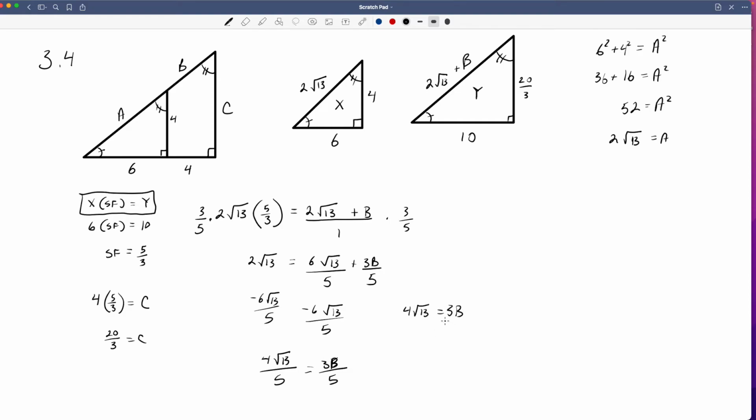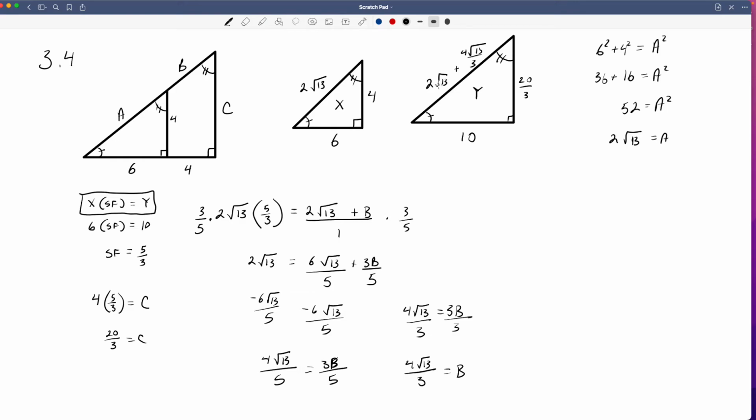So all I have to do is divide both sides by 3 and say that 4 times the square root of 13 over 3 is equal to b. And that is the value that we have for b. And that's correct. 4 times the square root of 13 over 3.